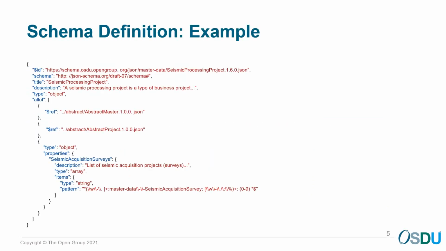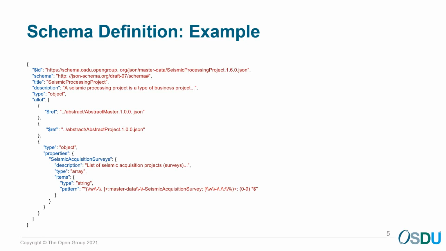In this slide, you can see an example of a schema definition for an entity, specifically for a seismic processing project. This helps to illustrate some ideas. The JSON schema draft number 7 allows using schema references to other schema definitions. In this manner, we can reuse existing schema definitions to create more complex schemas.